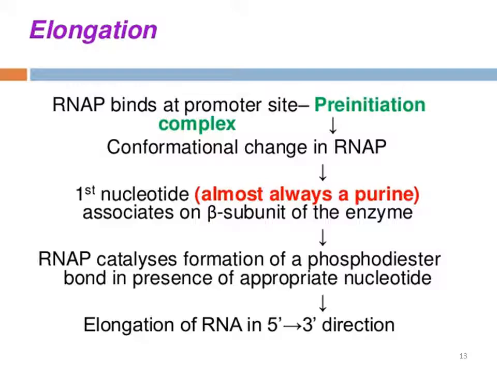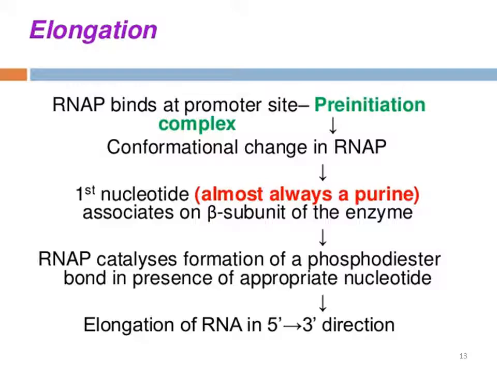The first nucleotide, almost always in many cases, is a purine associated with a beta subunit of the enzyme. So the beta subunit of the enzyme will associate with the first nucleotide, which is a purine. RNA polymerase catalyzes the formation of phosphodiester bonds in the presence of appropriate nucleotides.